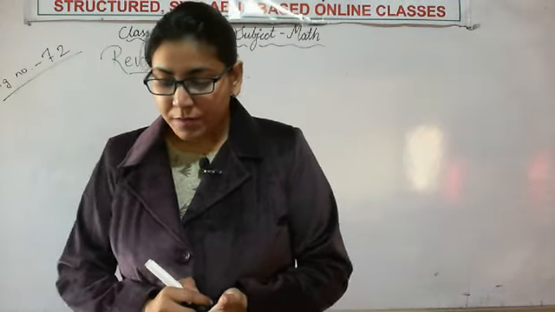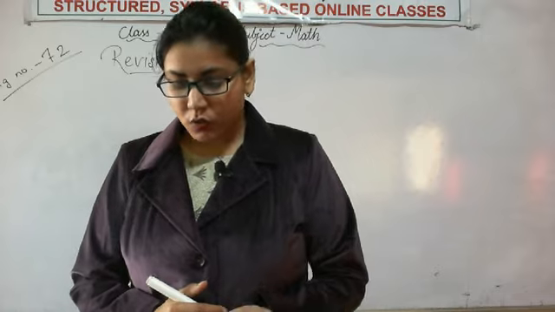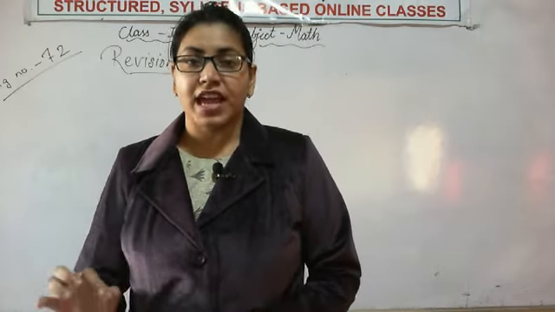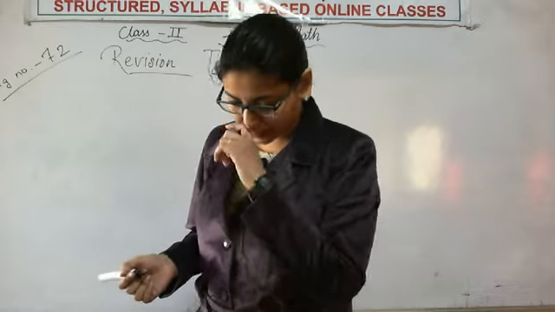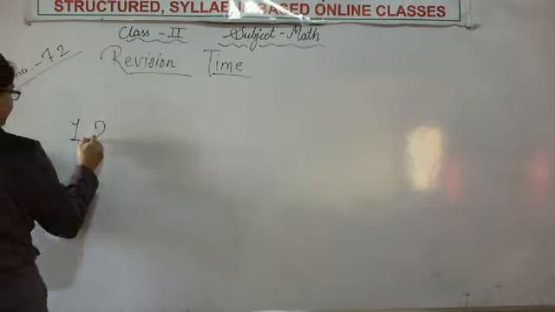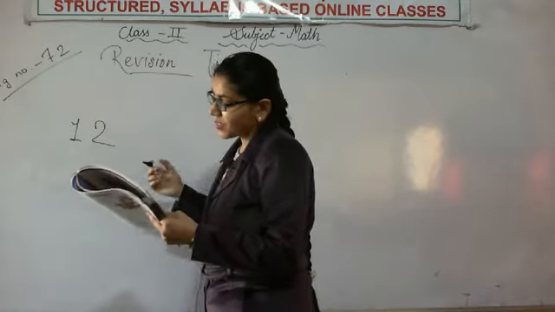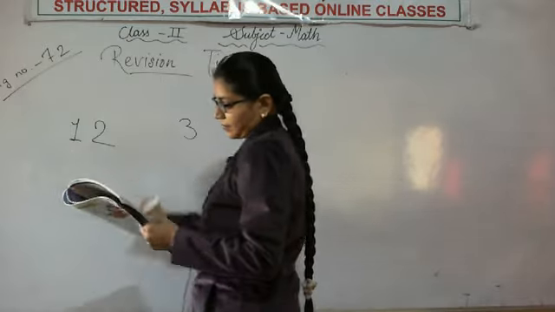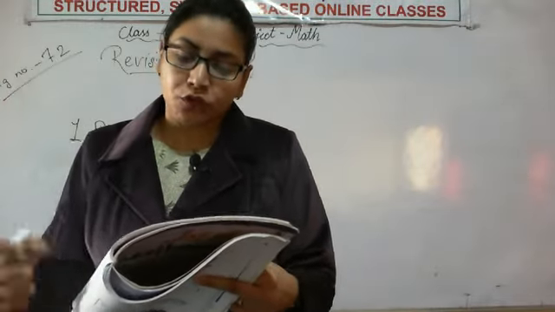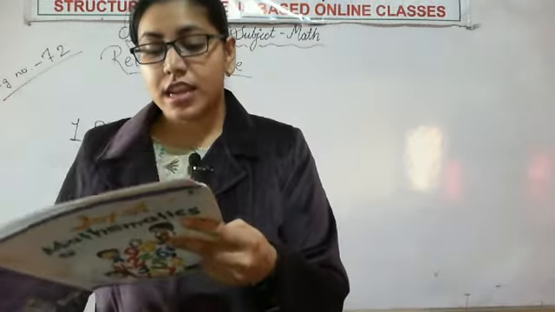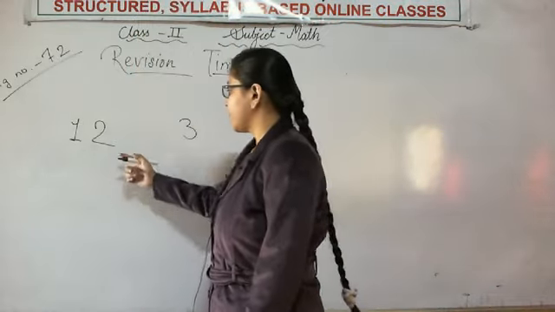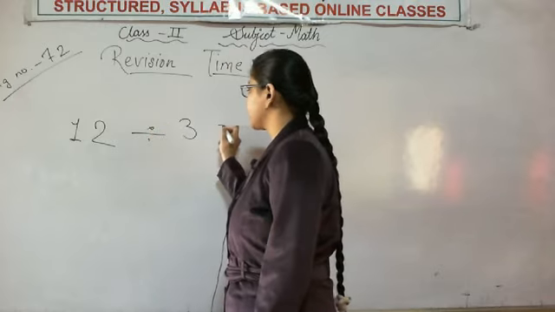If he scored a total of 12 goals in all, then the number of goals scored in each match is. Total score is 12 goals. Now, question wants us to find the number of goals he scored in each match. So simply we'll divide 12 by 3.